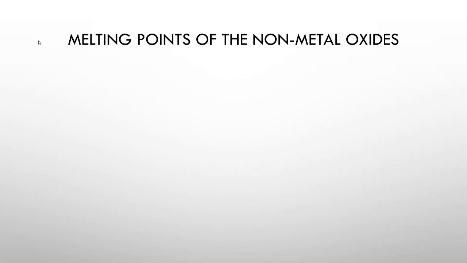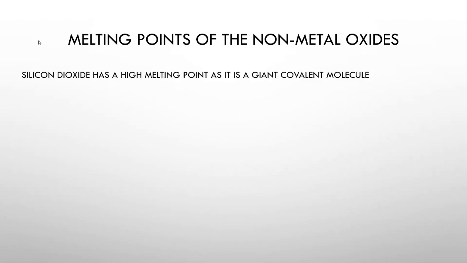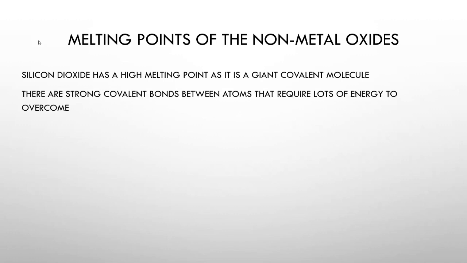So now moving on to the non-metal oxides. Silicon dioxide is very high since it's a giant covalent molecule. There are strong covalent bonds between atoms, which need lots of energy to break.